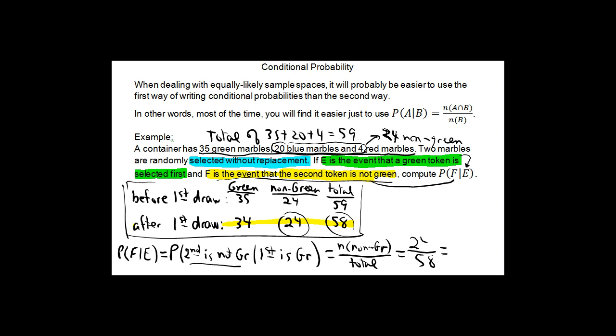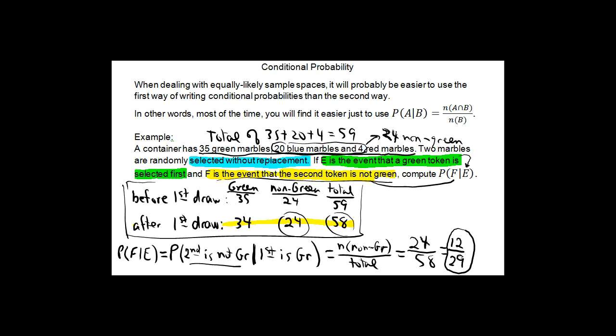And again, you need to make sure that reduces or not. And I know it's even, so it certainly goes by 2. I'll try that. So that's 12 over 29. 29 is prime and 12 doesn't go into 29, so that means that's as far as you can go. So the probability of F given E, which is the probability that the second is not green given that the first one is green, is 12/29. Again, very straightforward. You have to be careful.